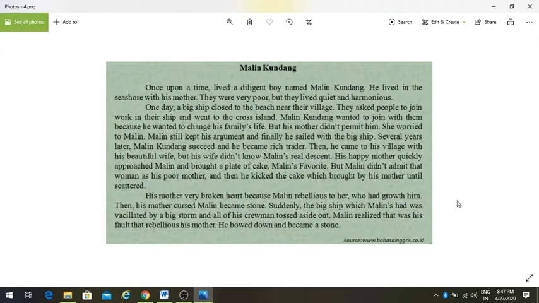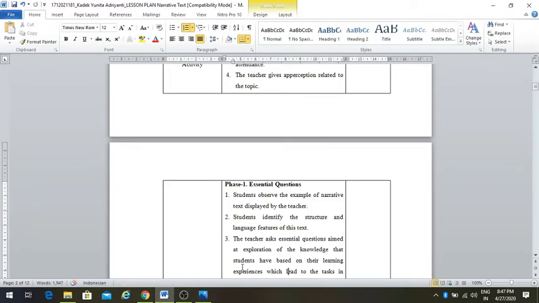Here is the example, with the title Malin Kundang. The teacher will give a few minutes for the students to read the story, and then the students identify the structure and language features of this text.